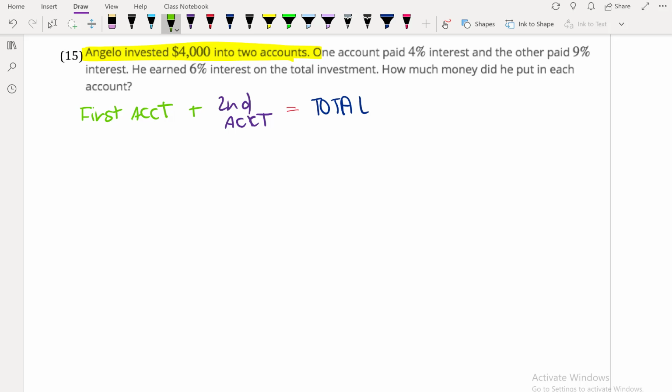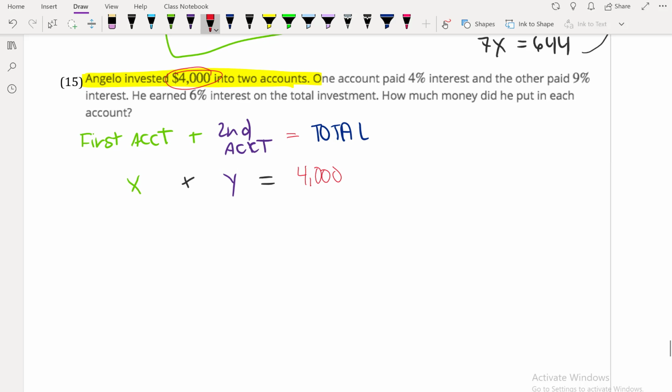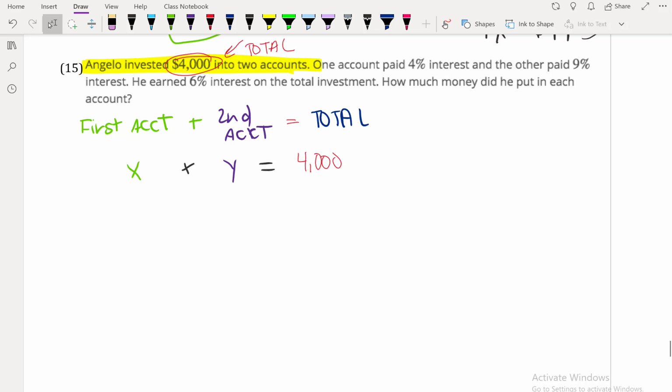So I don't know what my first account is, so call that X. I don't know what my second account is, so let's call that Y. But the total here is going to be 4,000. That is the total that I have.